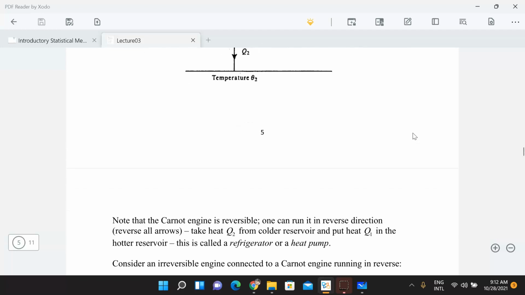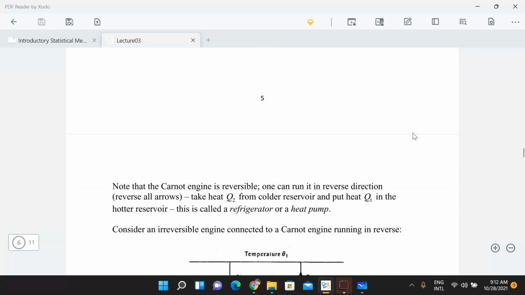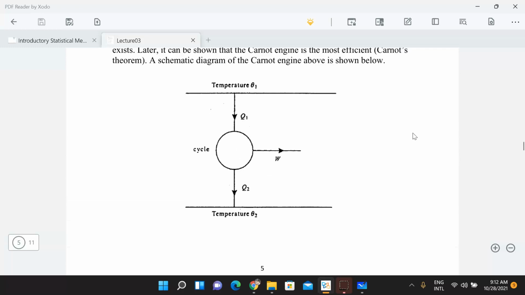I remember saying something about the refrigerator, or sometimes it's called a heat pump, which is the Carnot engine reversed. Here's an abstract representation of a Carnot engine where you have a heat bath at a certain temperature above, which is hotter, theta1, and another heat bath at the bottom at temperature theta2, lower than theta1.